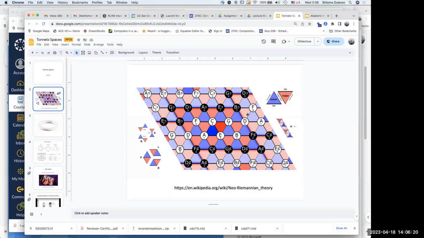Using these more important intervals, we get to a representation that puts notes on a lattice, where the triangles are arranged so that on the horizontal axis you have notes that are spaced a fifth apart.